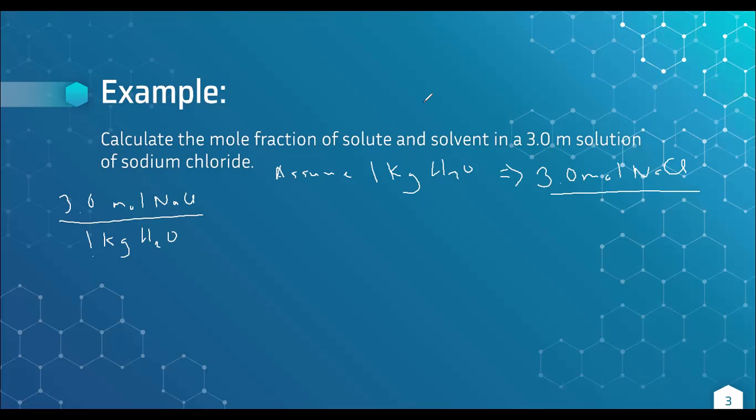We need to calculate moles of water. So we have 1 kilogram. I'm going to put this as 1.0 kilograms. The first thing that we want to do is a unit conversion and convert this to grams. So we have 1 kilogram here. There's 1,000 grams in a kilogram.